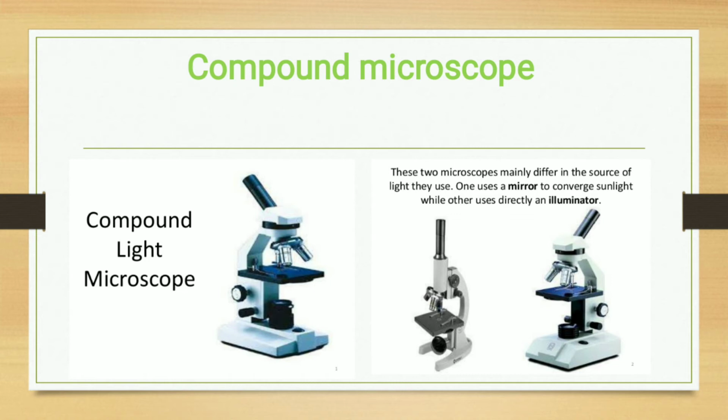These mainly differ in the source of light they use. One uses a mirror to converge sunlight, while the other uses an illuminator, that is, it directly uses a light. So this is the difference in these two light microscopes.